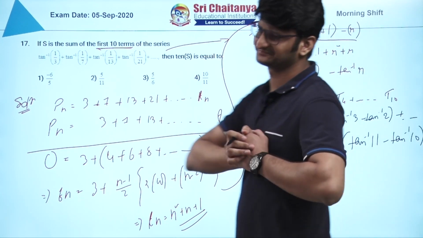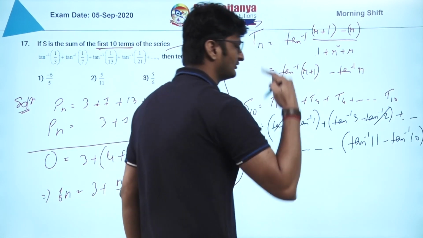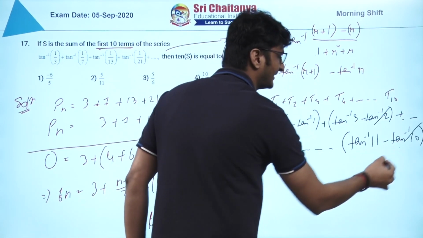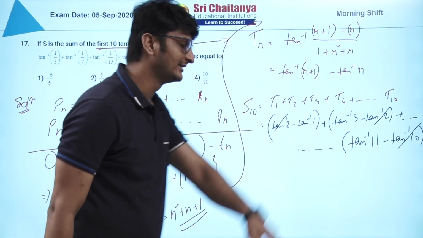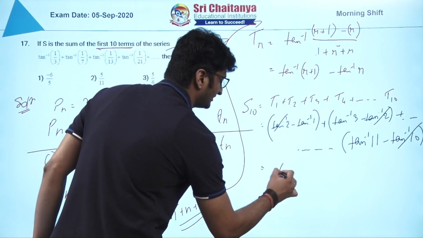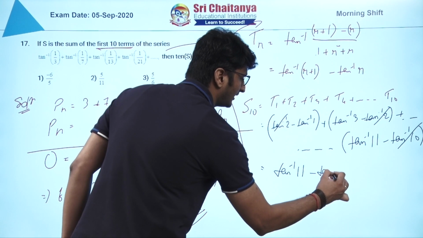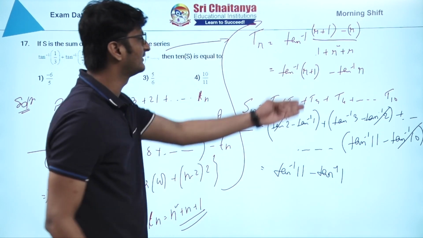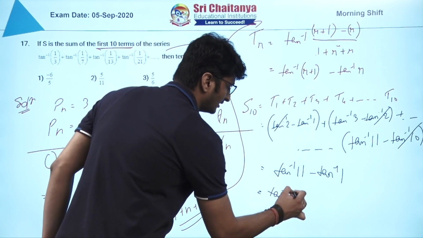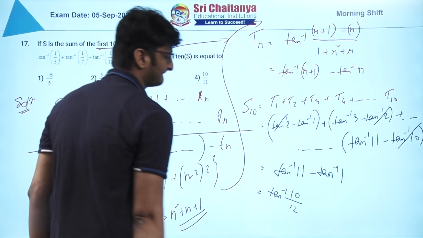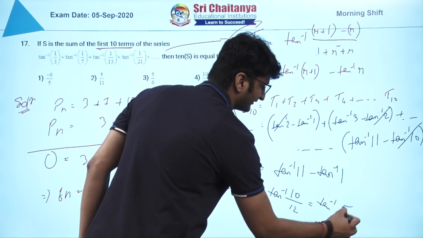Can you tell me which terms are getting cancelled? Tan inverse 2, tan inverse 2. From the last one, this one will be cancelled, and the first term of the last bracket will remain. So here it will be tan inverse of 11 minus tan inverse of 1. Again use that formula whatever we have used here, we are getting tan inverse of 10 by 12, which is nothing but tan inverse of 5 by 6.